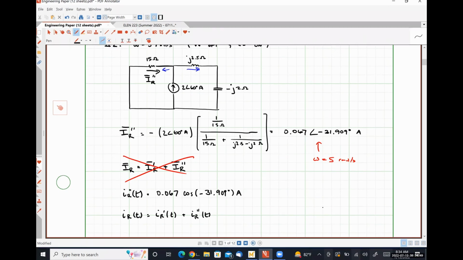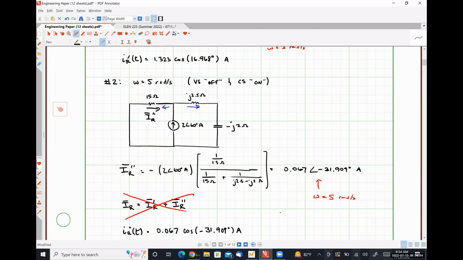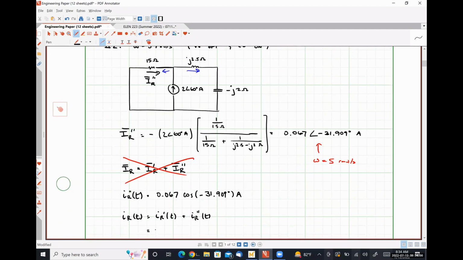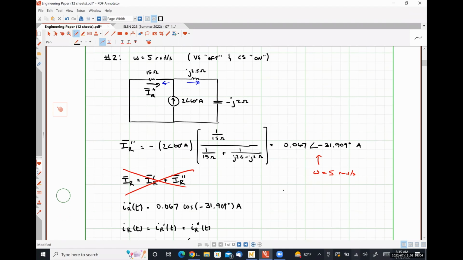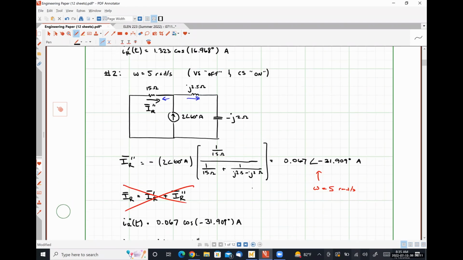And so what this is going to give us, kind of running out of room here, so I'll sneak it in, is 1.323 cosine 3t plus 16.968 degrees. Let me double check there. Yeah.